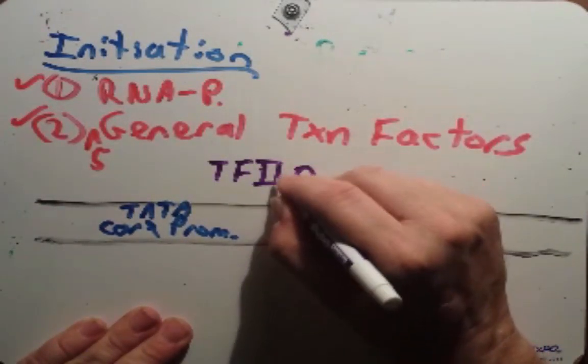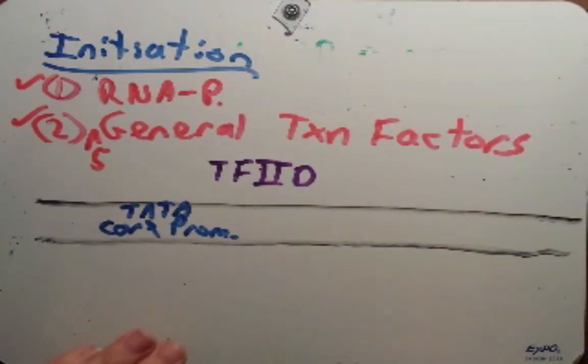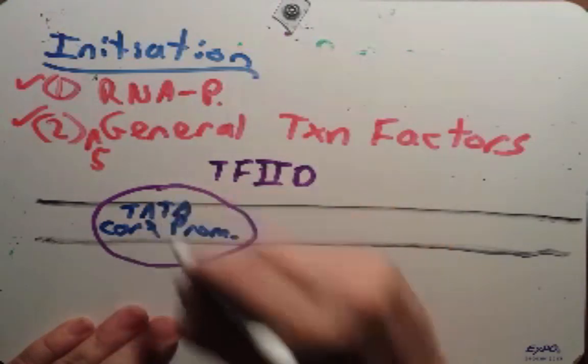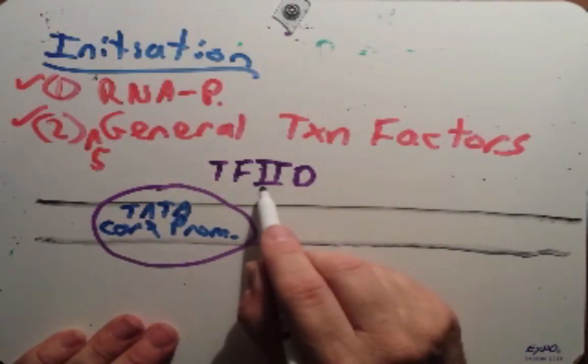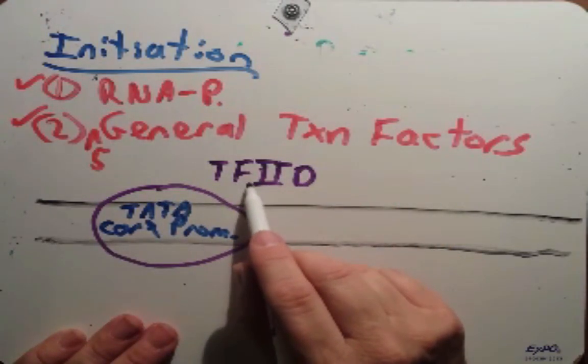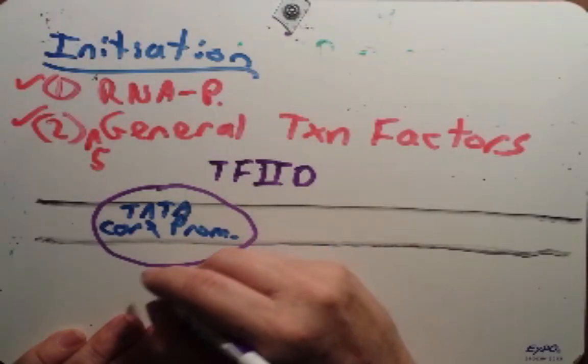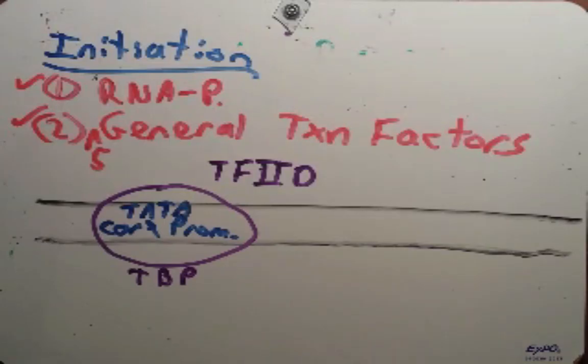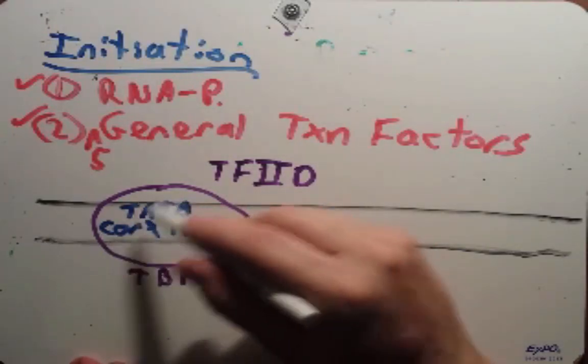We say transcription factor 2 because it's RNA polymerase 2 that's going to be binding here. It binds to this TATA box. You also need to know that a particular protein that's found in this transcription factor 2D is called TBP, for TATA binding protein. It is what binds to this piece of DNA.